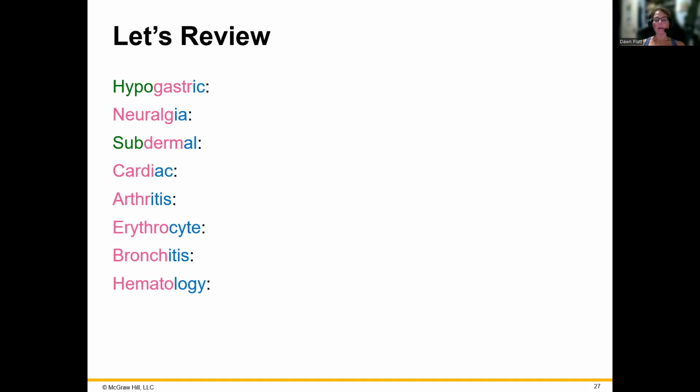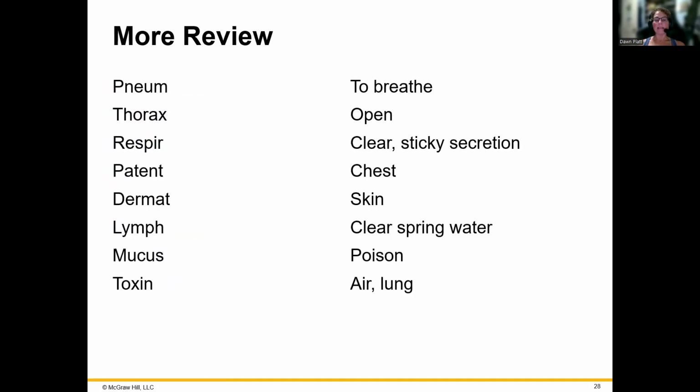It's going to be a root word. Your prefixes are going to be identified in green. Your root words or combining forms are going to be identified in pink or purple. And your suffixes are going to be identified in blue. So take a look at these. You might want to use this review to learn to break them down and figure out what each meaning is.